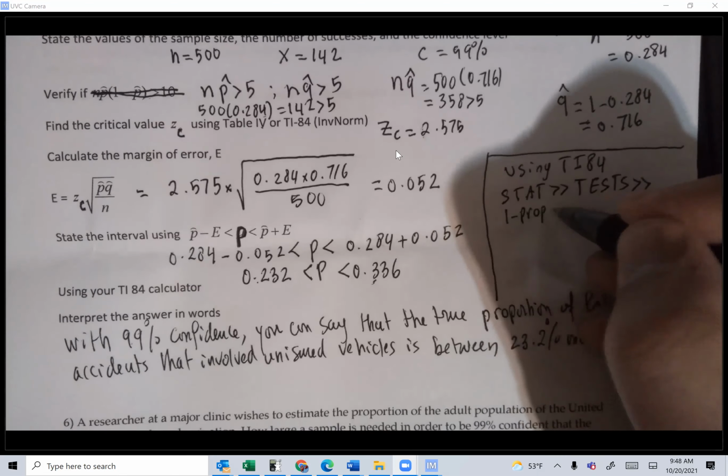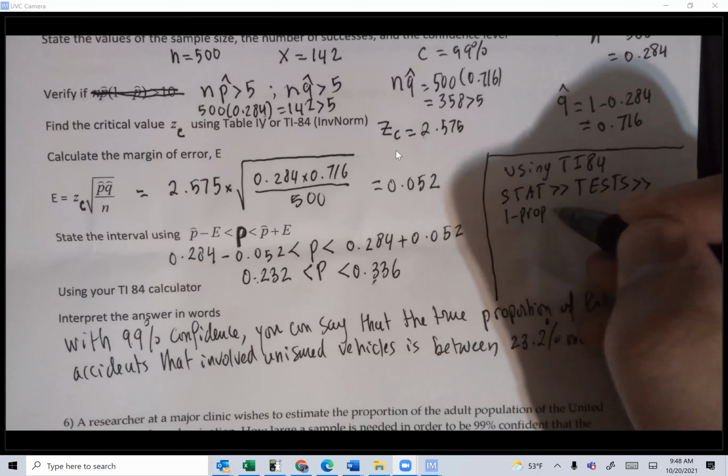These are the steps, and let's do them together, guys. My X here is the 142, my N is the 500, and the C is the 99. The mistake that students make, they mix the X and N, and the calculator will halt, will not do anything. Remember, X is the number of successes, and N is the sample size. Sample size must be the biggest one.